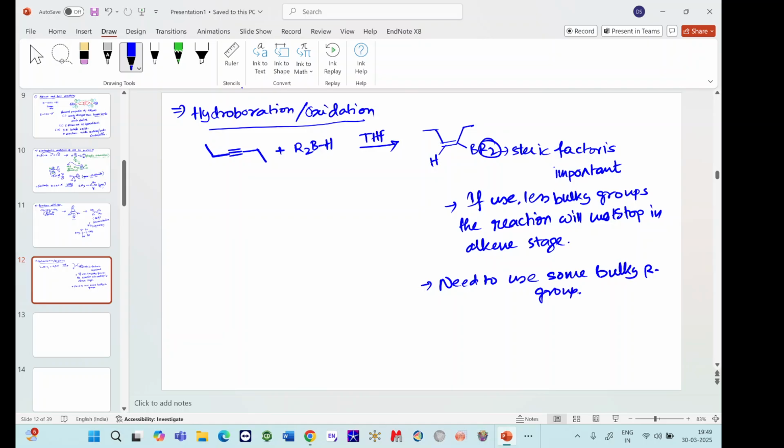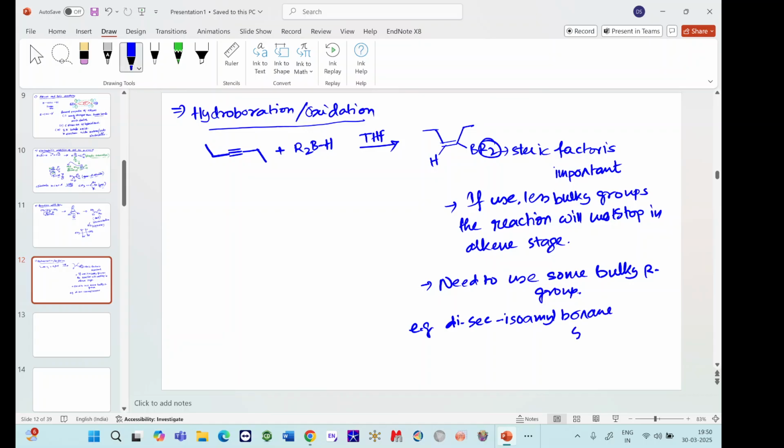So generally people use this di, for example, disiamylborane.